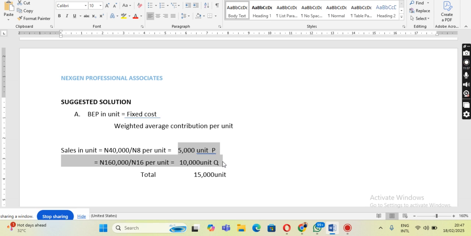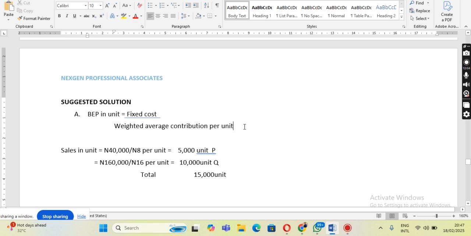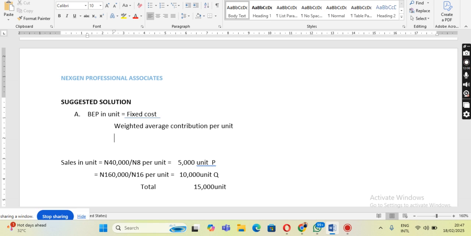Q will be 10,000 divided by 15,000, the percentage of Q in the total. That is what we call the weighted average mix. So when the question says that under multiple products you have BEP in units, look for the sales unit mix. Now, therefore, we come back to this place, right?